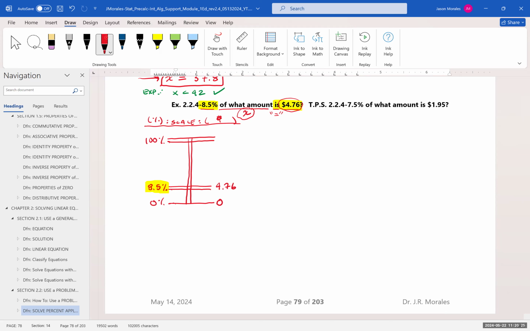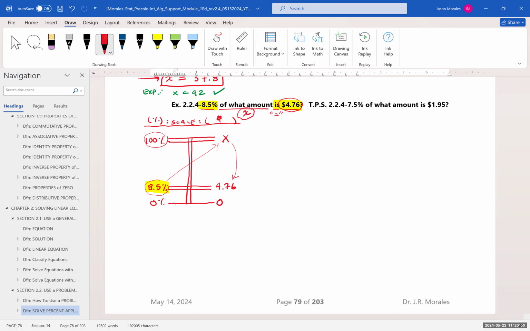And so we're looking at 8.5% of 100%. So the 100% on the other scale is our value of X. So 8.5% of this amount gives us this amount. That's kind of how this one is being portrayed and presented to us here.